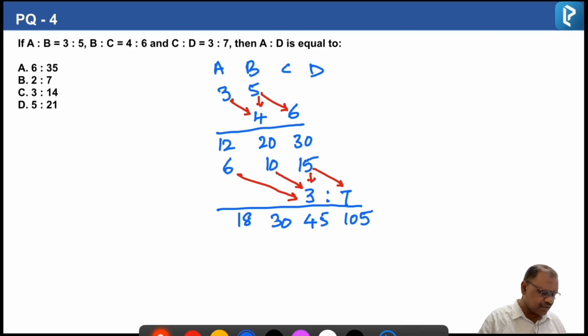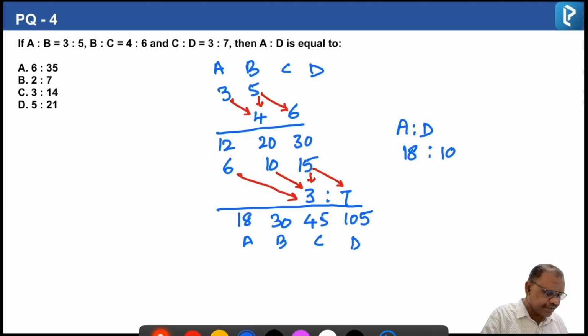So these are the terms A, B, C and D. So what do we have to find out? A is to D. So what is A here? 18. What is D here? 105. So both these terms are divisible by 3.